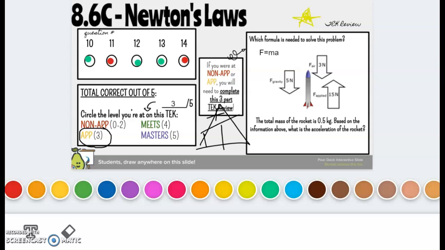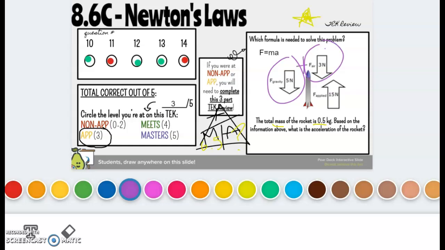So F, m, a. It tells us the total mass is 0.5. And based on the information above, what is the acceleration? So we need to find a, but we'll have to use the pictures to find the force. So looking at the picture, the forces 5 and 3 are going in the same direction.